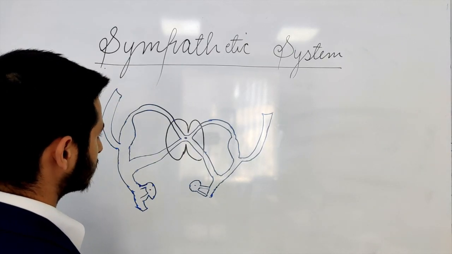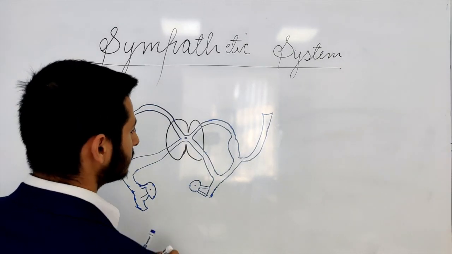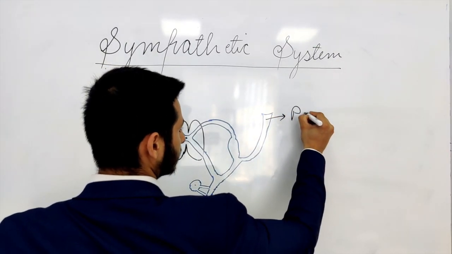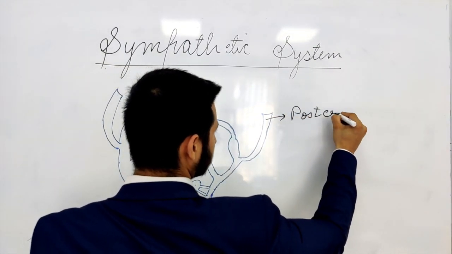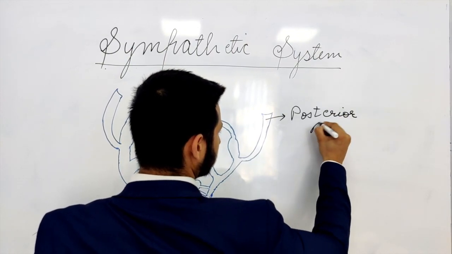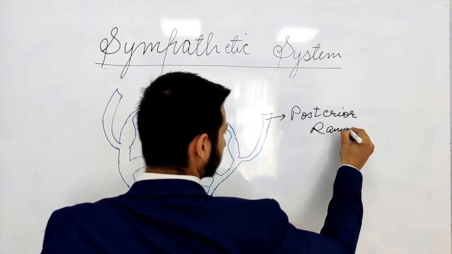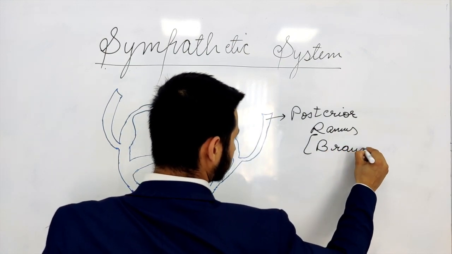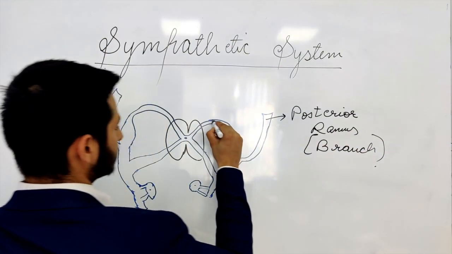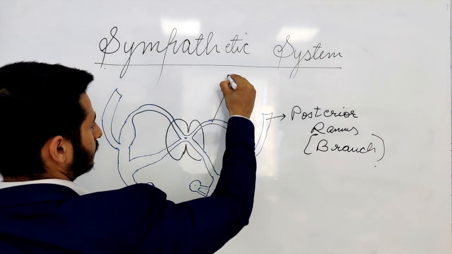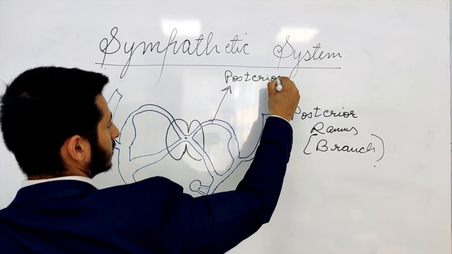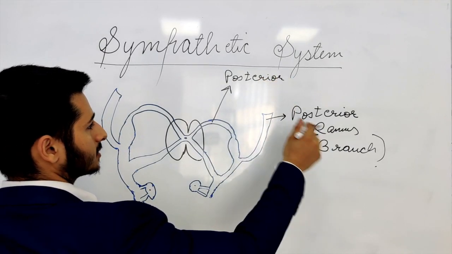We'll label the structures to make it easier for you. This is the posterior ramus. Ramus means a branch. And this is a posterior root. So you see there is a difference between root and ramus.